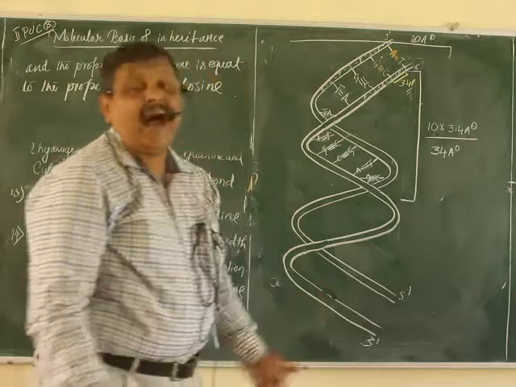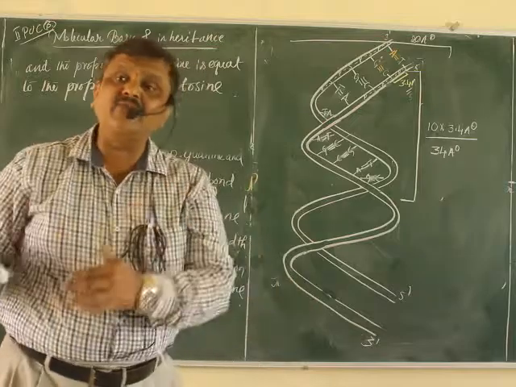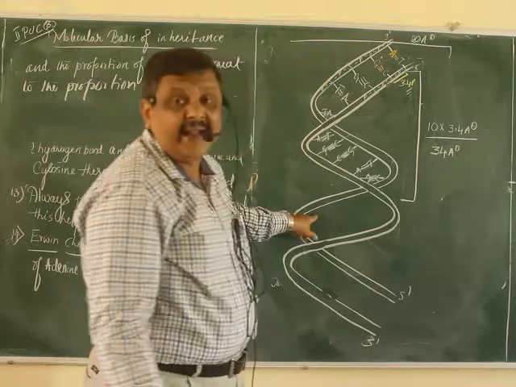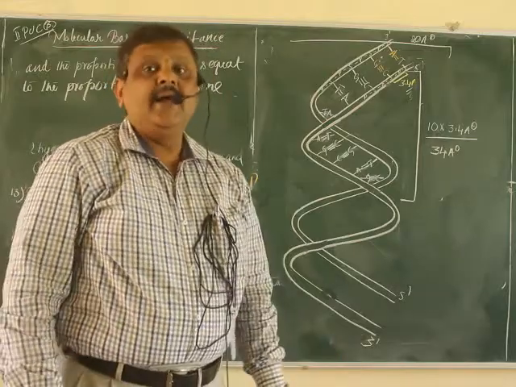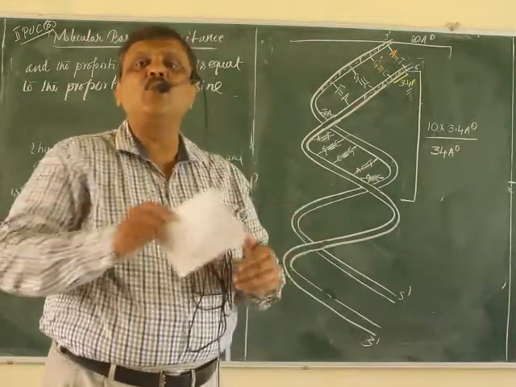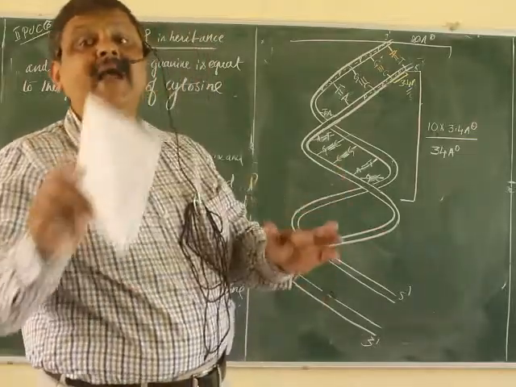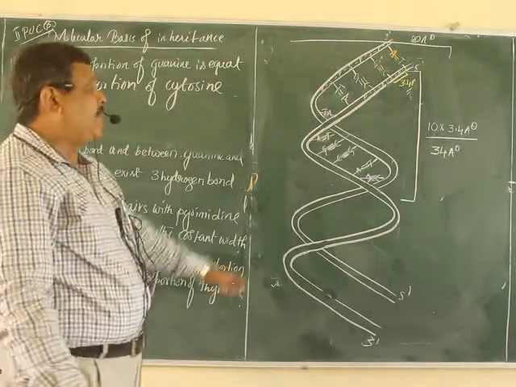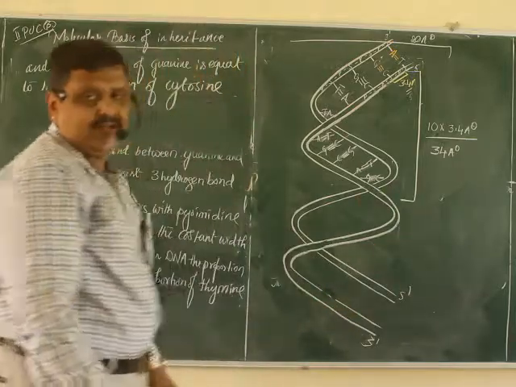So when they should be paired, then automatically whatever the number of adenine there is, the number of thymine should be the same. If there are 100 adenine in one DNA strand, what should be the number of thymine? 100. If there are 99 thymine in one DNA strand, what should be the number of adenine? 99 only. It will not be 100. And the number of guanine in the DNA strand is always equal to the number of cytosine.